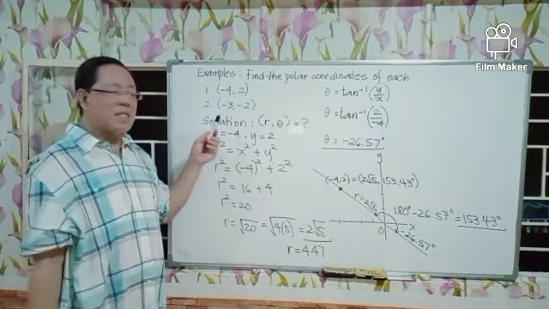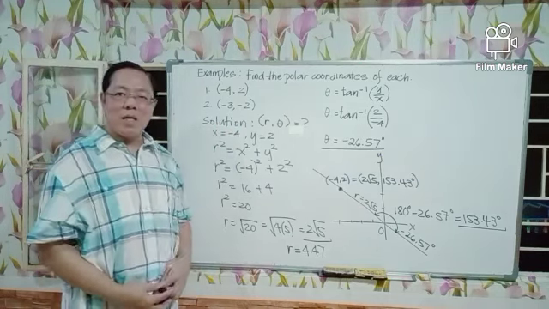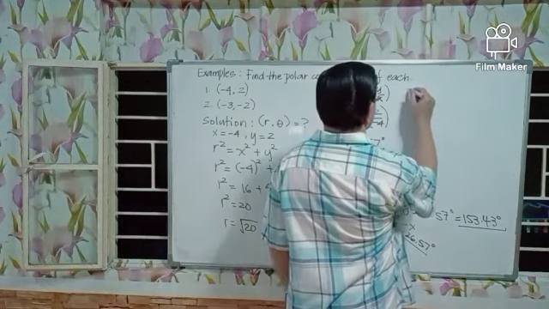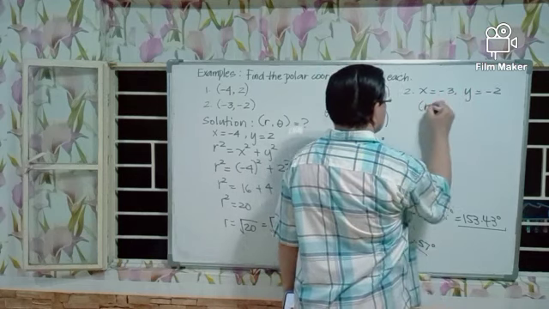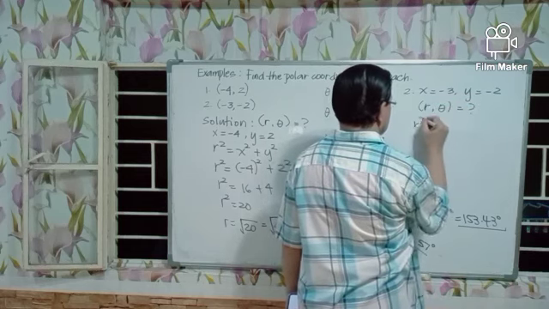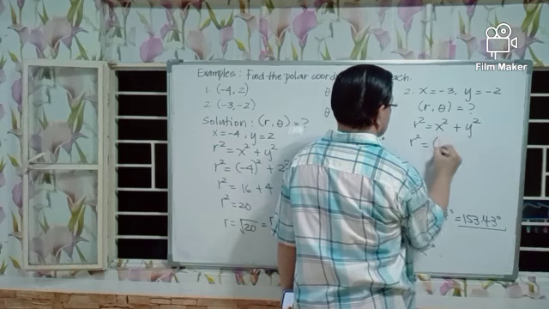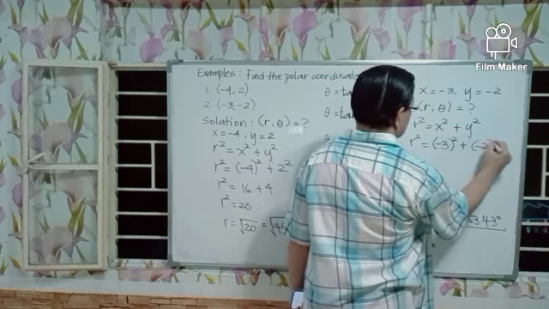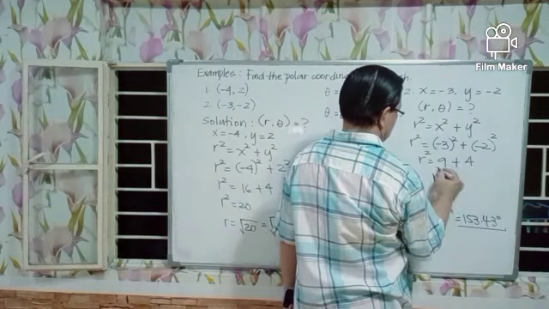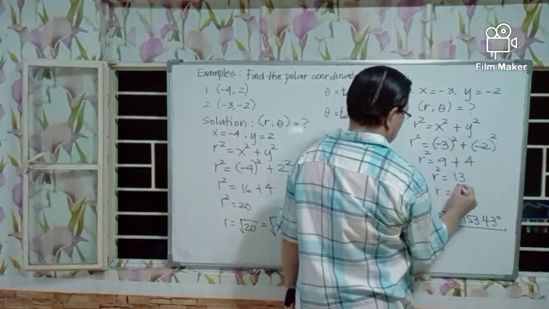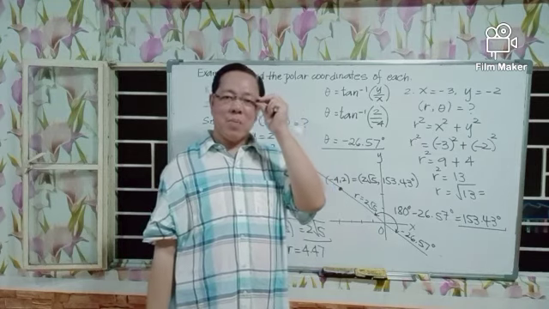We find the polar coordinates of the point with Cartesian coordinates negative 3, negative 2, where x now is negative 3 and y equals negative 2. The abscissa of the given point x is negative 3.